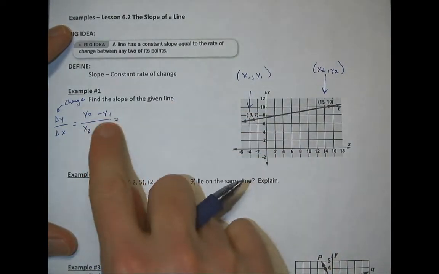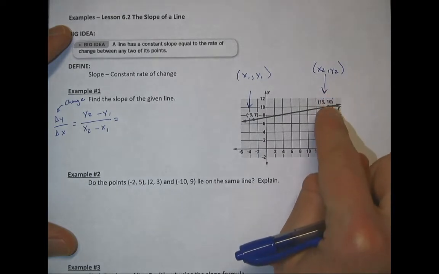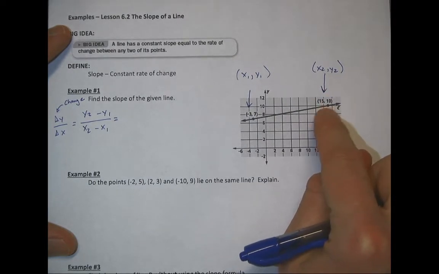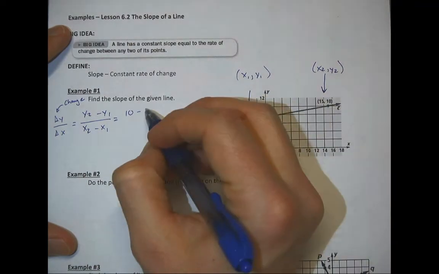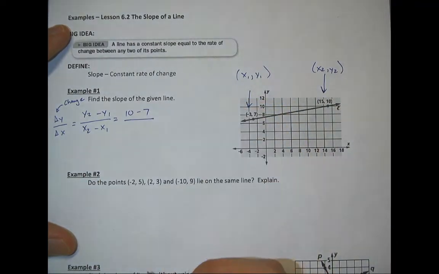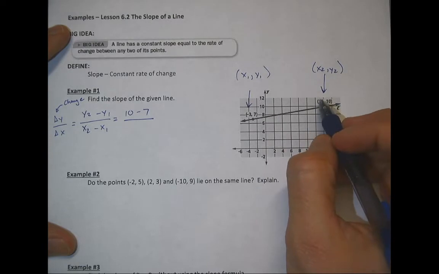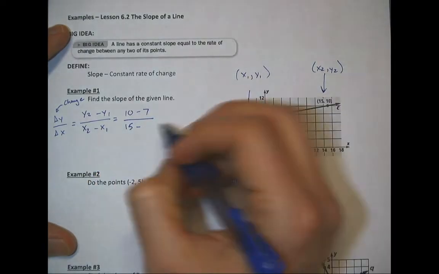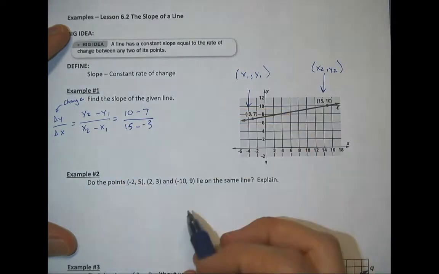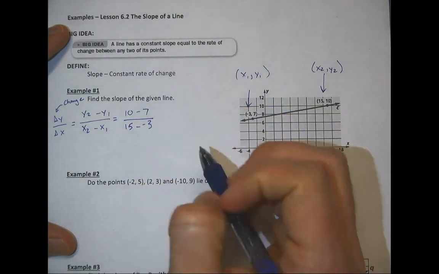So on the top, we're going to subtract y2, which is 10, minus y1. So y1 is 7. And then on the bottom, we're going to have x2, which is 15, minus x1, which is negative 3. So it's going to be minus a negative, which we know goes plus plus.